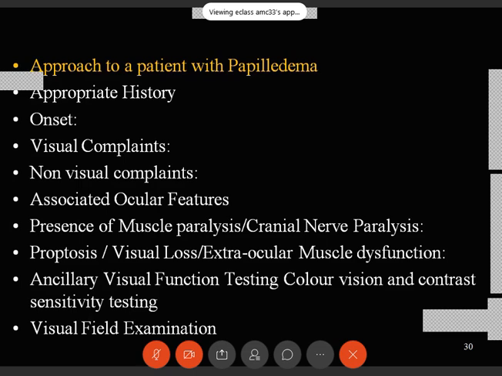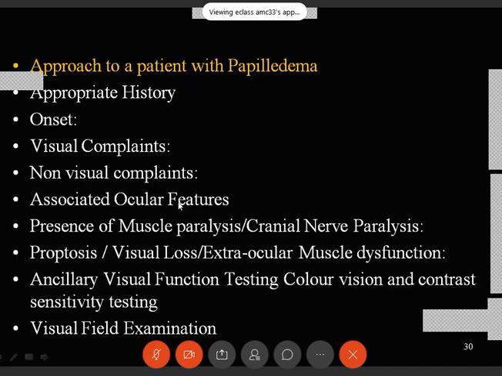So once you diagnose it, it is an emergency condition. We should immediately decrease the intracranial tension, or give treatment for the raised intracranial tension, and refer to a neurophysician and neurosurgeon. Take an appropriate history, including visual complaints and associated symptoms.